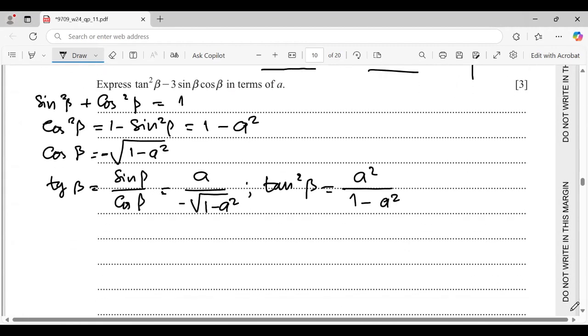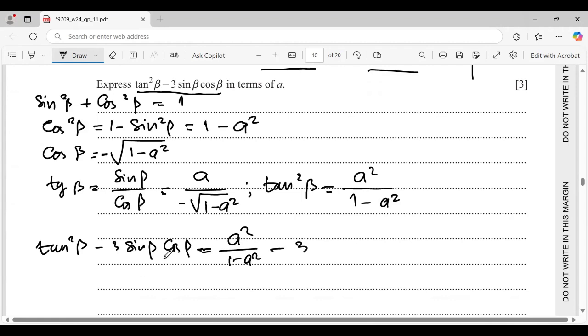So based on this question, tangent squared beta minus 3 sine beta cosine beta equals A squared over 1 minus A squared, minus 3 times sine beta, which is A, times cosine beta, which is minus square root of 1 minus A squared.